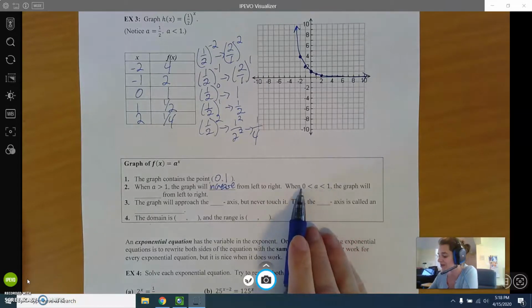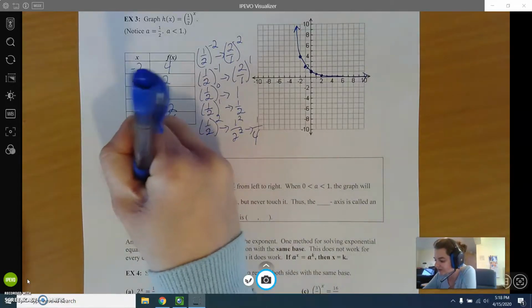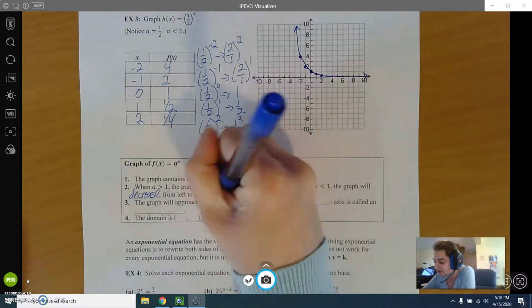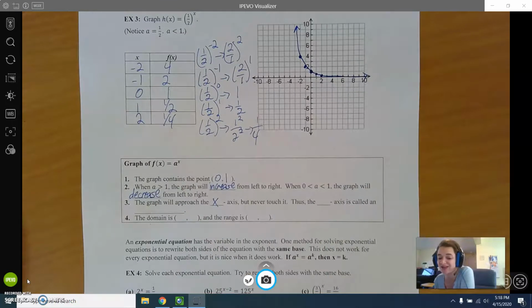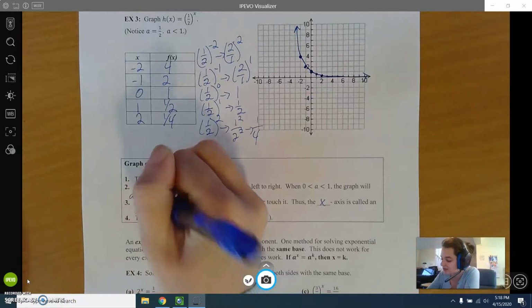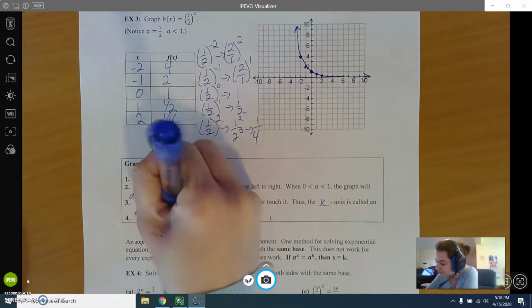But if you have an a value that's between 0 and 1, the graph will decrease from left to right. In both cases, the graph approaches the x-axis, but it never touches it. And the x-axis is called an asymptote. Okay?